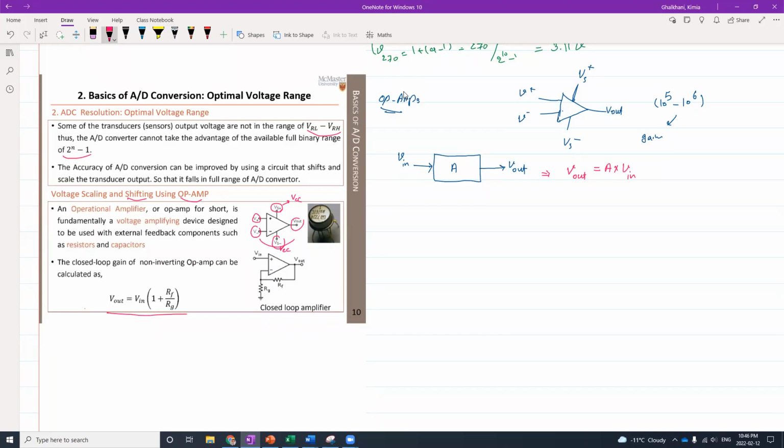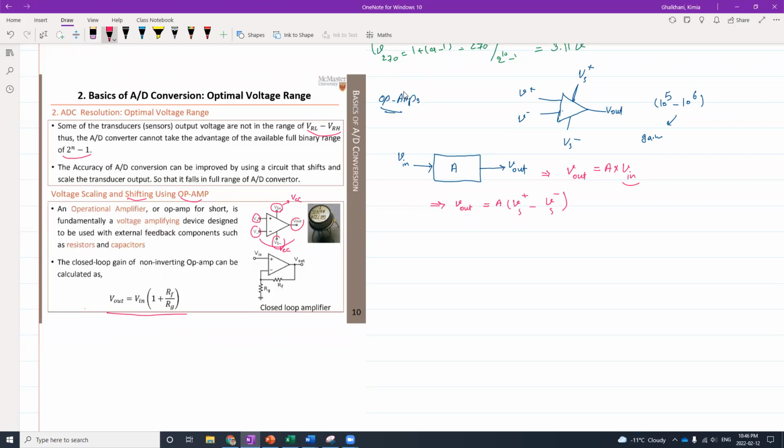So using this, you can say V out is equal to A. Then what is the input voltage? Look at here. The input voltage is the positive voltage of the source or the power supply minus this guy.